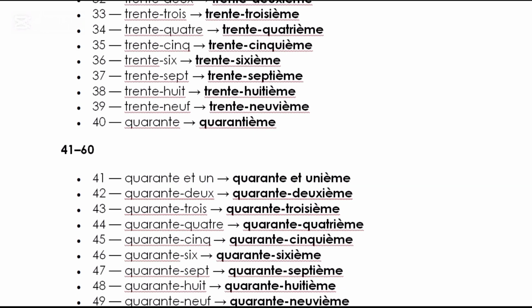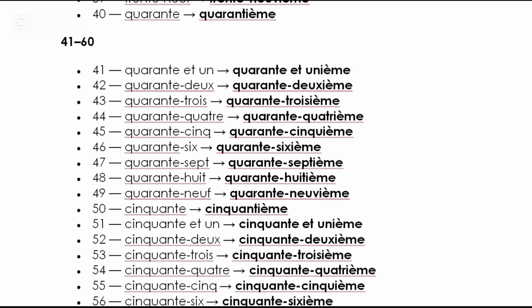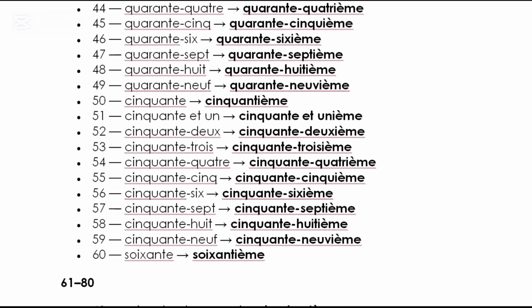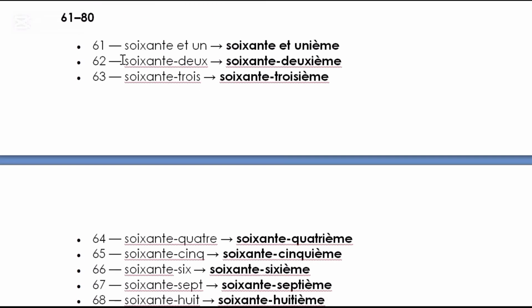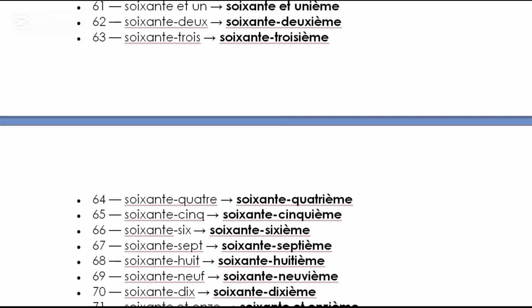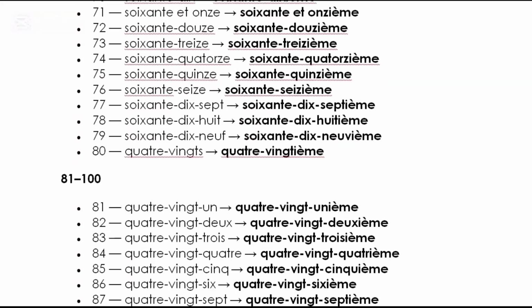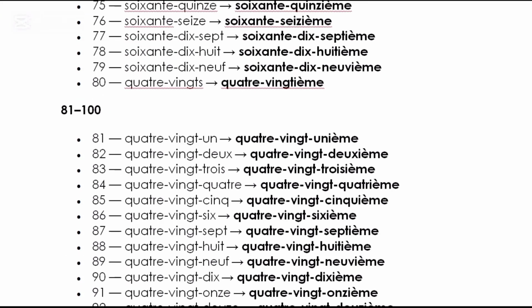And this formula goes on for all those numbers. That is still the same formula that you are using. 62 becomes 62e. 66 becomes 66e. You just add ième. 80 becomes 80e.